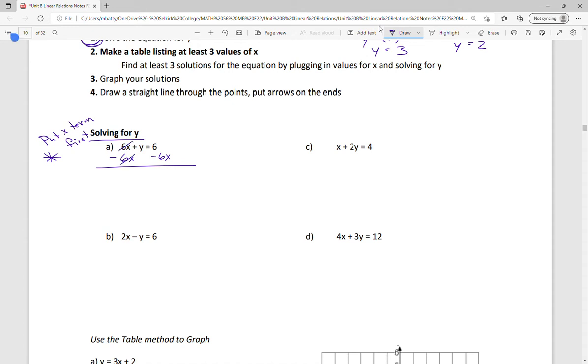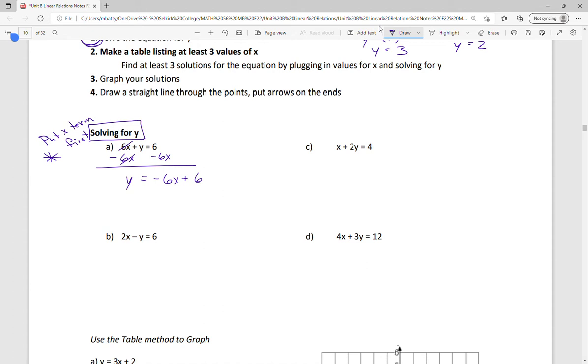So if I put the x term first, I'd have y equaling -6x plus 6. We haven't done a whole lot, but we have the equation all primed, so it's easy to work with in the table method. So that's what we're going to do here, is just practice this solving for y. If that's the first thing that we're supposed to do, going from equation to graph, that's the first thing we're going to do.